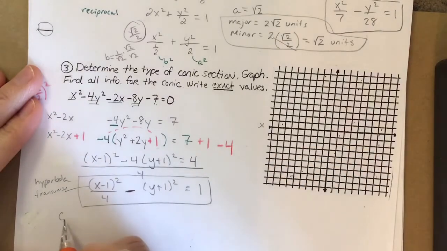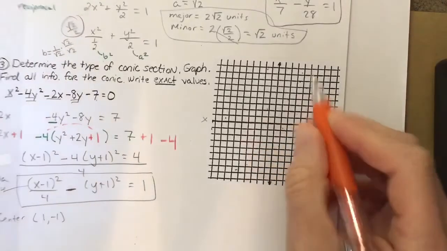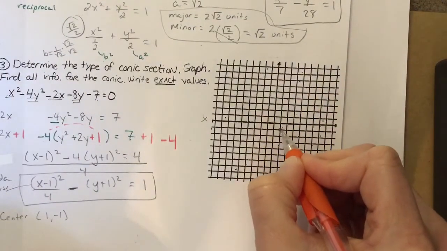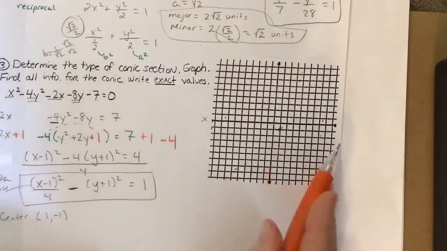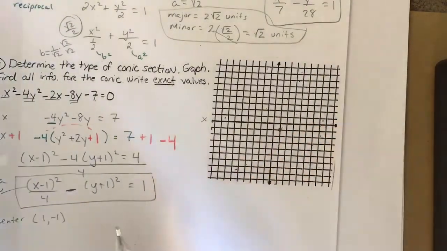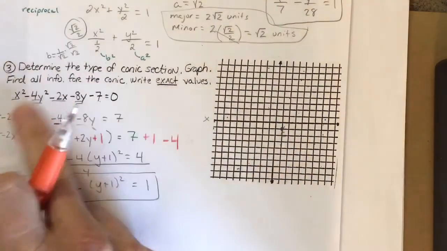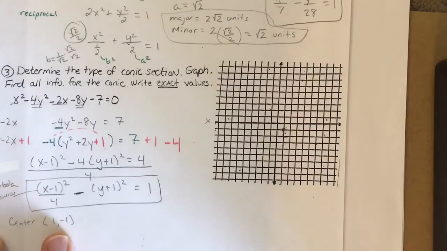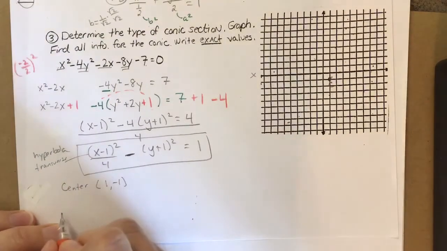Because really, what is the center of this thing? h is 1, k is negative 1. So the center is 1, negative 1, okay? This is my center. All right, so what do I need for a conic? Well, I need the center. Then I need the vertices.